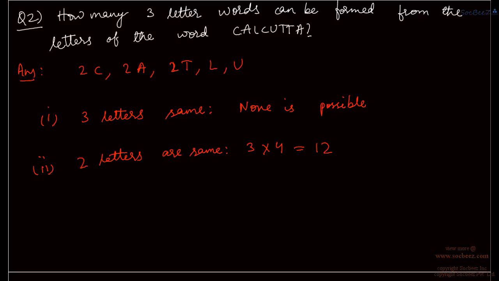Since these are 3-letter words, for each of these 12 selections, the total number of arrangements is 3 factorial by 2 factorial, because these are 3-letter words and 2 of them are identical. So we have 12 into 3 factorial by 2 factorial, which is 12 into 3, which is 36. So there are 36 words where 2 letters are same.